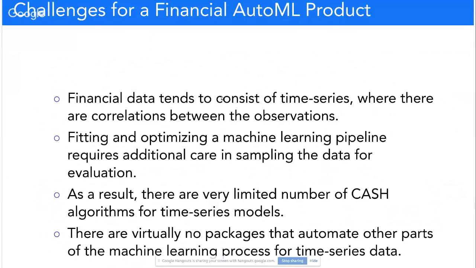And as a result of that, the sampling when you're fitting and optimizing and doing the AutoML needs to take that correlation into account. And there aren't even cache algorithms, let alone the general AutoML framework for time series models.